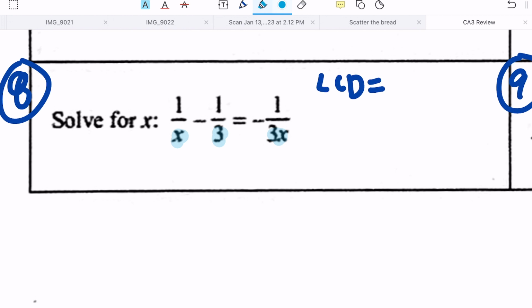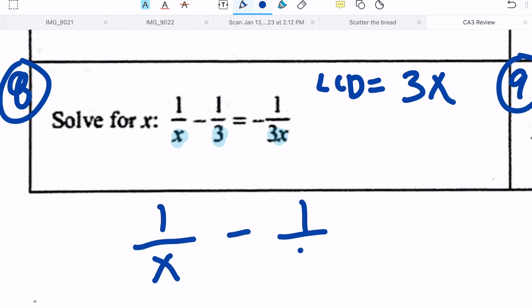So the LCD will be what? What encompasses all the factors? So basically you put it together. So the LCD will be 3x. Yeah? So we have 1 over x minus 1 over 3 equals negative 1 over 3x.